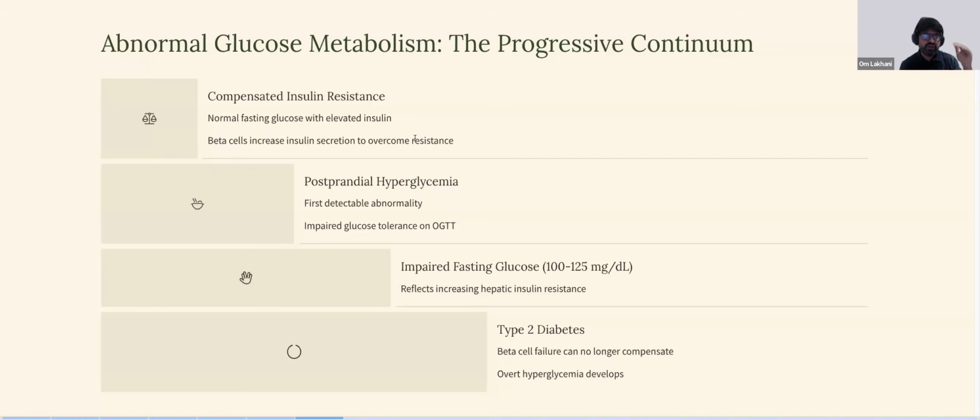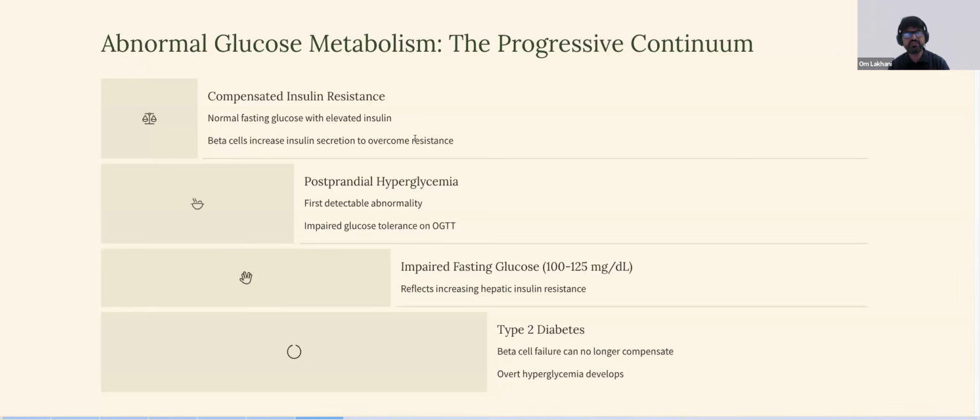Now, when you are in a fasting state, obviously you require less insulin to compensate for the insulin resistance. But post-meal, you actually require more insulin. The failing pancreas may still be able to produce the insulin required to suppress hepatic glucose production, but it may not be enough to compensate for the post-meal rise in blood glucose.